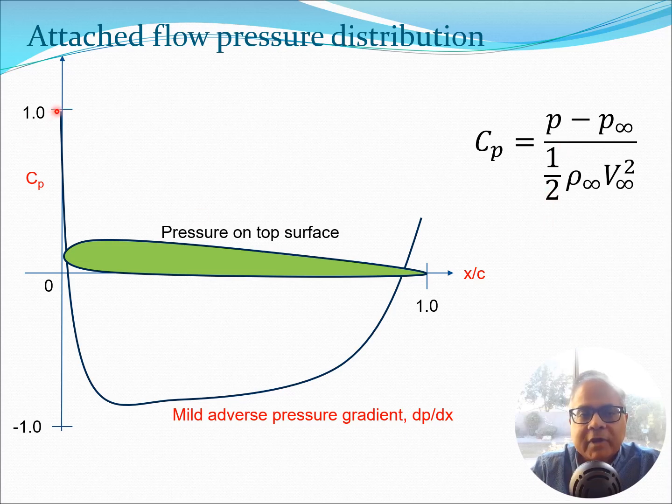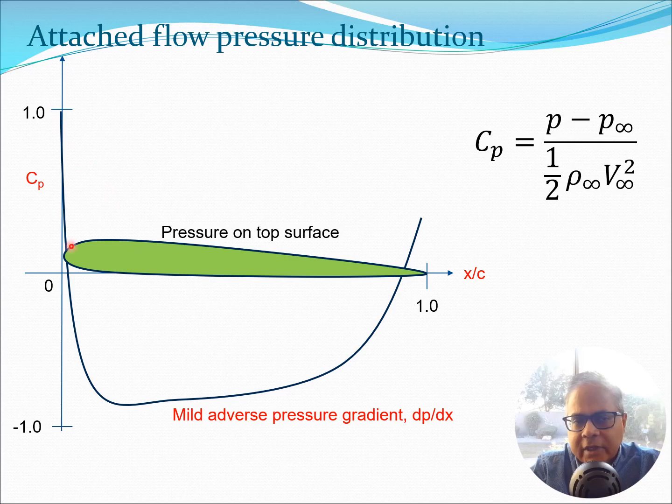And so Cp varies from 1 here and it goes down and then it goes up again. Now this region here where dP by dx is positive is known as the region of the adverse pressure gradient. But we can see here for attached flow that this adverse pressure gradient is relatively mild and so the flow is going to stick to the surface and essentially we are going to get good flow characteristics.